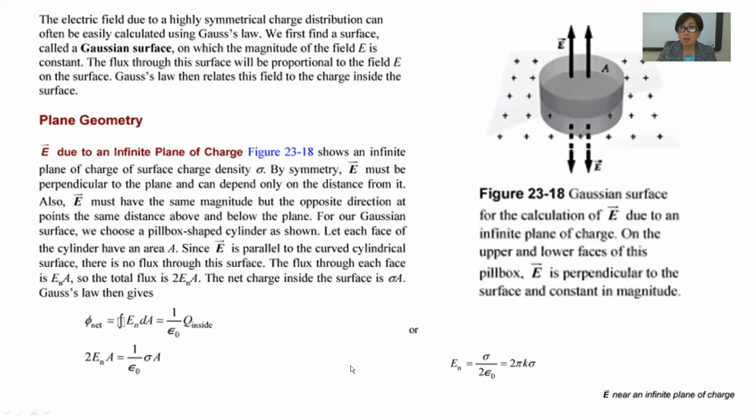Next, the Gaussian surface for the calculation of the electrical field due to an infinite plane of charge, with upper and lower faces on this field box. The electrical field is perpendicular to the surface and is constant in magnitude.